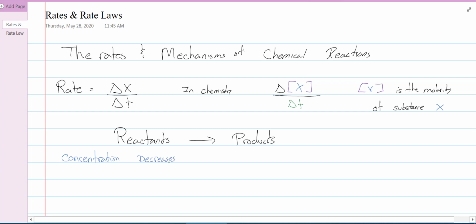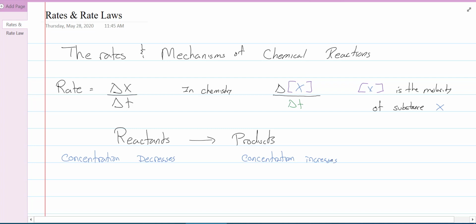Reactants react, the concentration is going to go down. And so it's going to be a negative number because it's going to decrease. If you graph it, it's like an object slowing down. It's negative. And for products, our concentration increases.